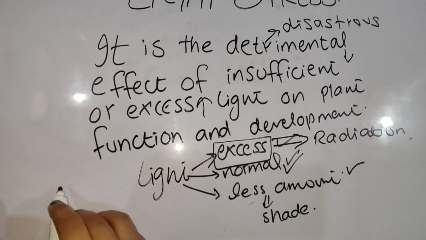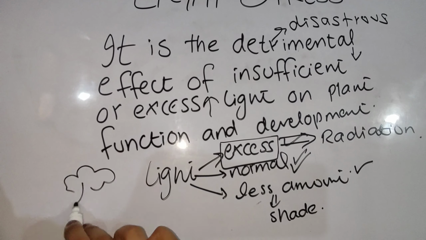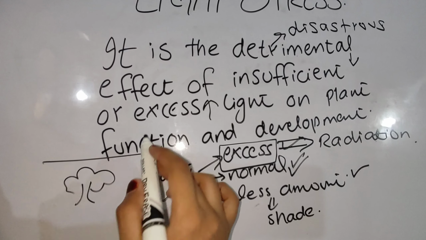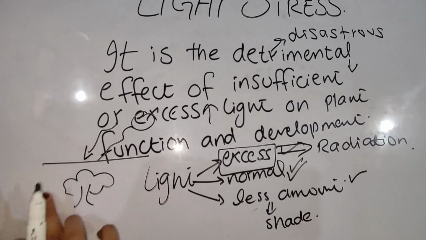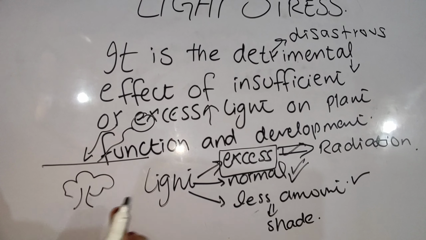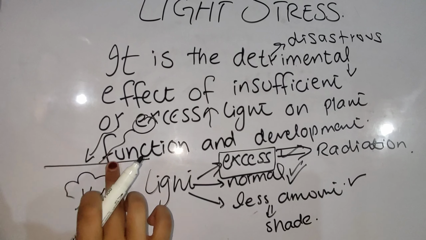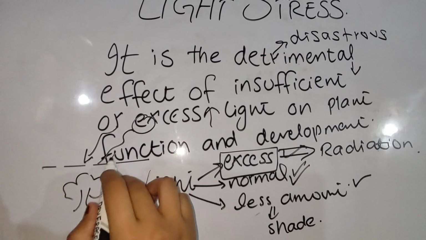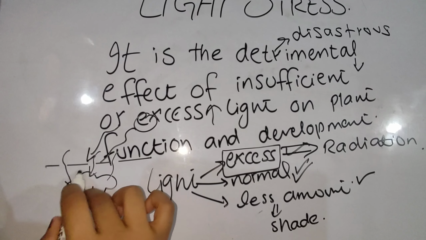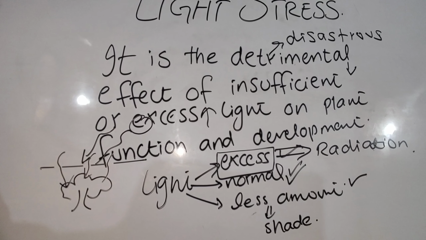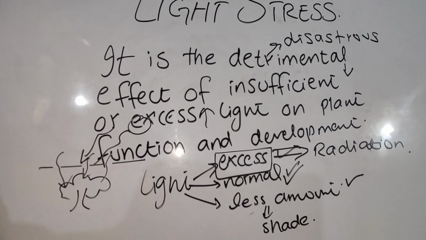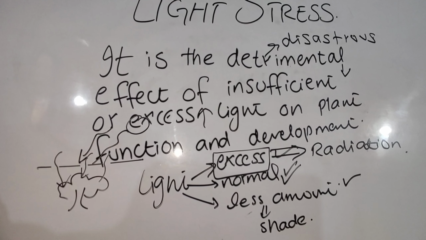When the plant is in shade, light is not going to reach its upper surfaces, or maybe the shade has some holes, so only a few rays can pass through and reach the surface of plant cells. That is the less amount type.